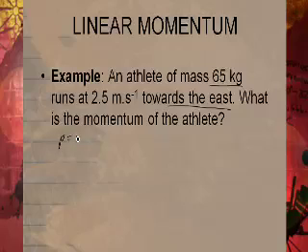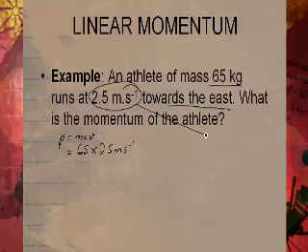Momentum p, it's mass times v, so that should be equal to, what is the mass? 65 times the velocity, 2.5 meters per second. Now I am assuming that velocity towards east is positive here. Towards east is positive, and hence I have it as positive there, okay?